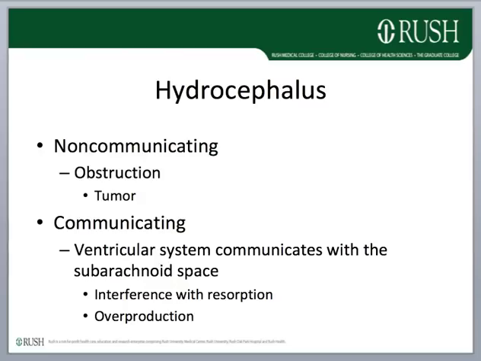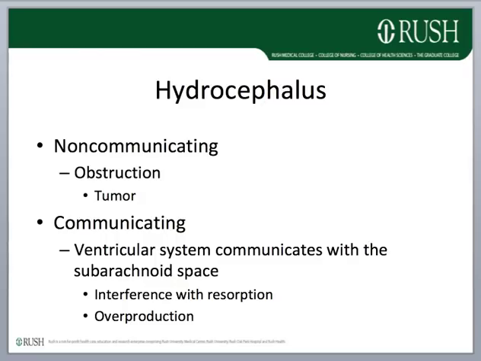In communicating hydrocephalus, the ventricular system remains in communication with the subarachnoid space. Most commonly, again, this is due to some interference with resorption, which can be due, for example, to long-term complication of infections such as basilar meningitis, which leads to scarring that interferes with resorption or obstructs CSF outflow through the foramina of Luschka and Magendie.